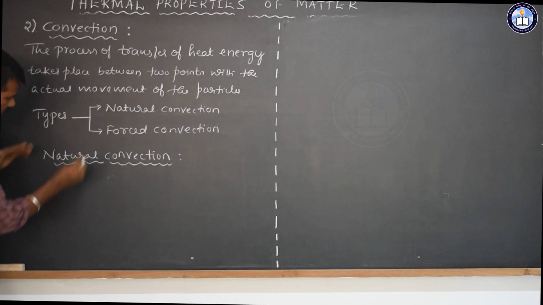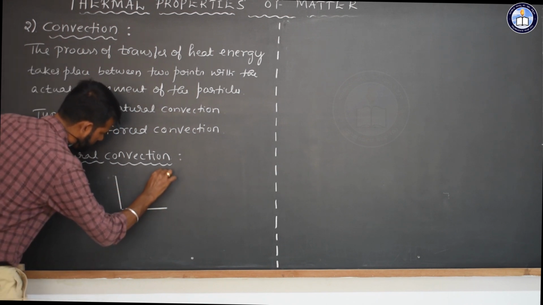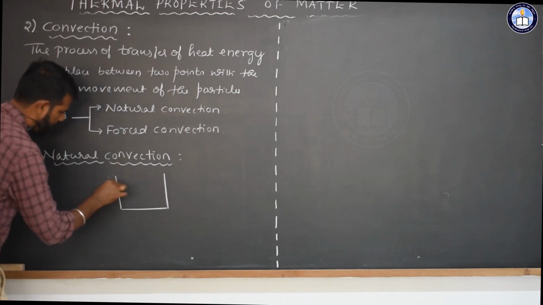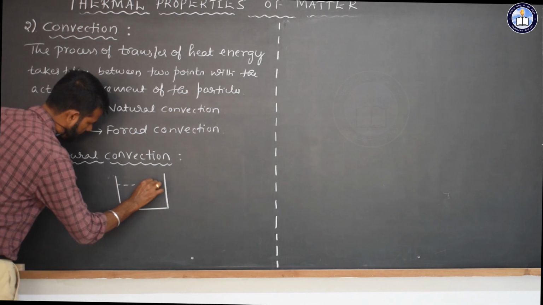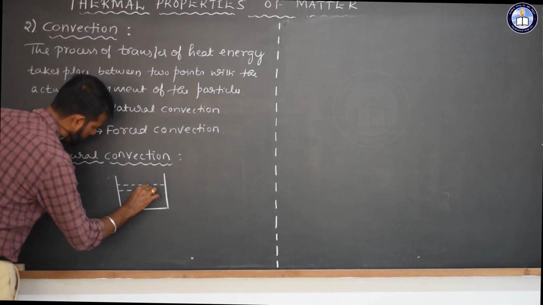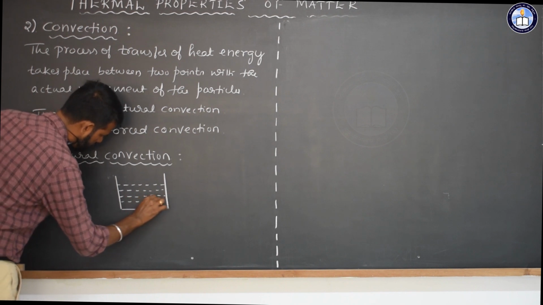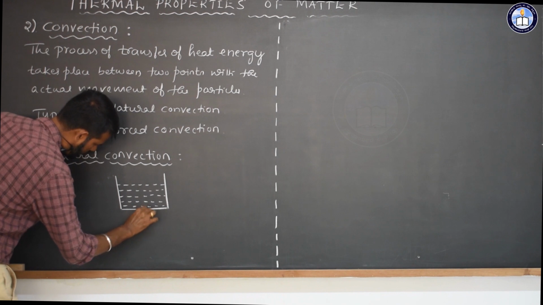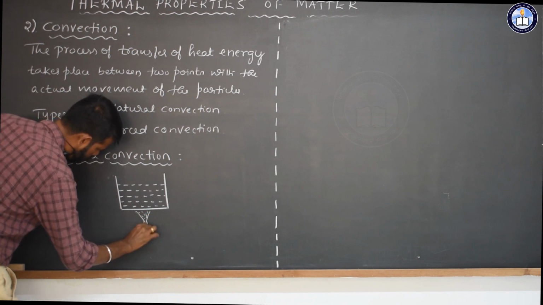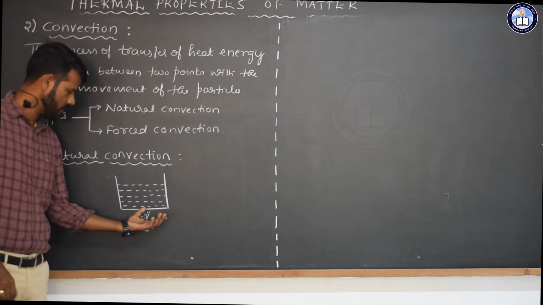In order to explain this, let us consider water taken in a beaker. Any fluid you can consider here. Take a fluid in a beaker and apply some heat energy by means of a flame.